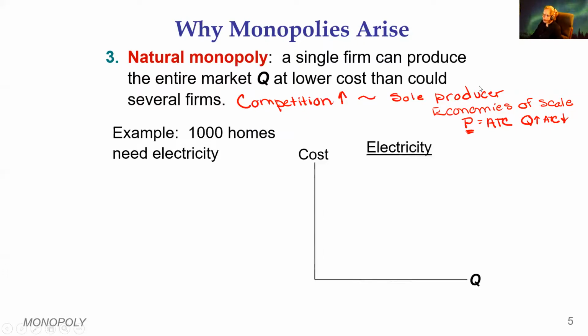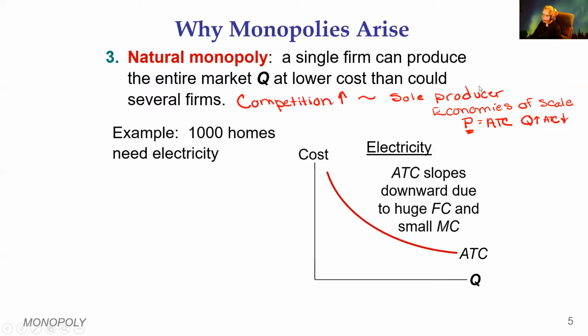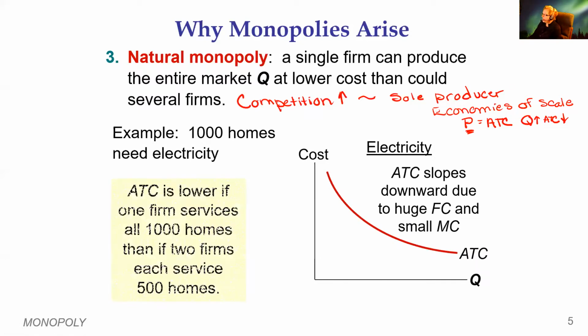Here's a great example. Here, the average total cost curve, we know, slopes downward. And if we had 1,000 companies that were able to produce electricity, they would have to charge $50. Okay, so 1,000 homes, we'd have to charge $50. If we, however, open this up to competition and that firm now can only supply to 500, notice that the price or the cost of electricity goes up greatly.